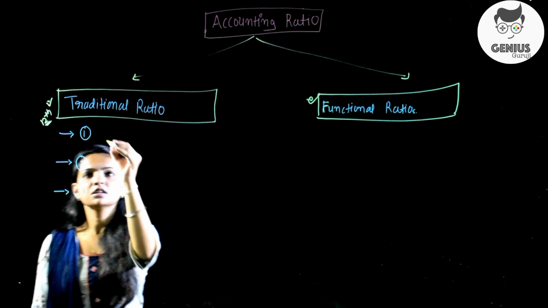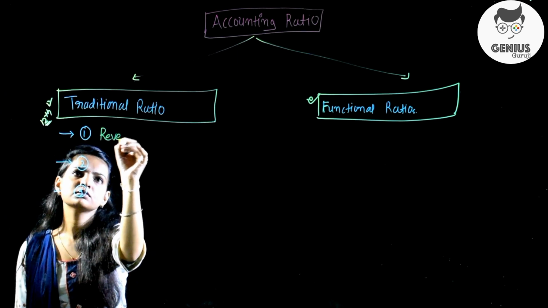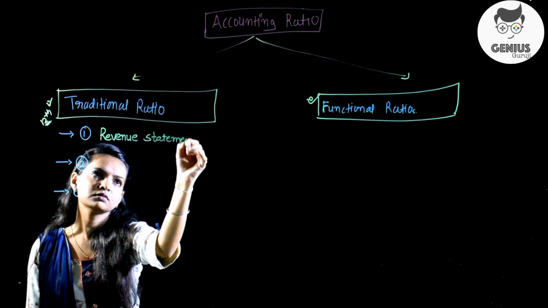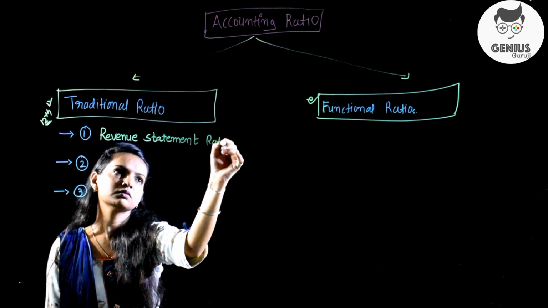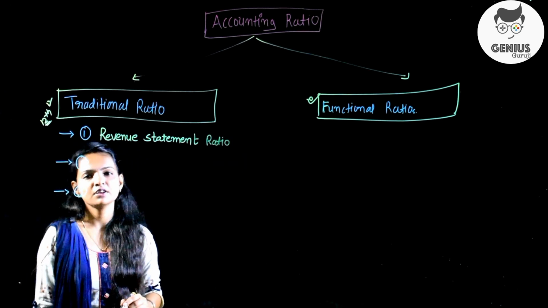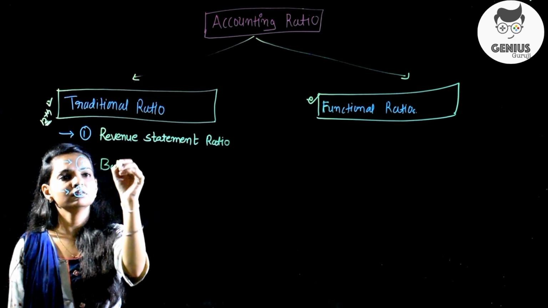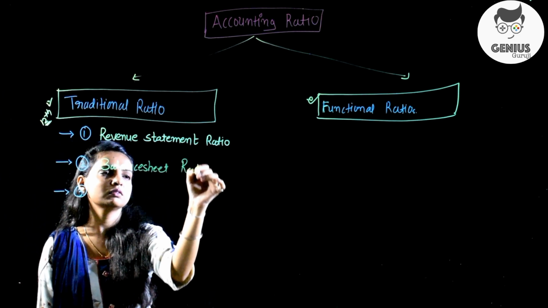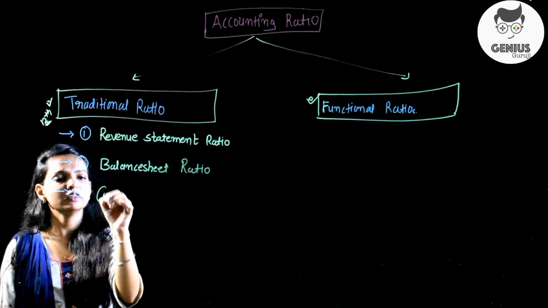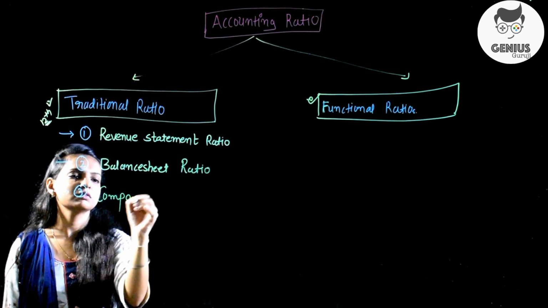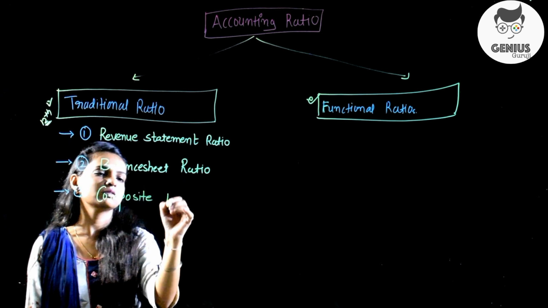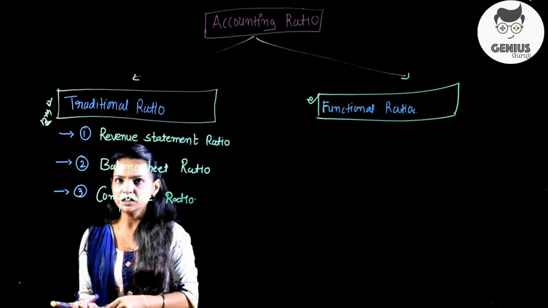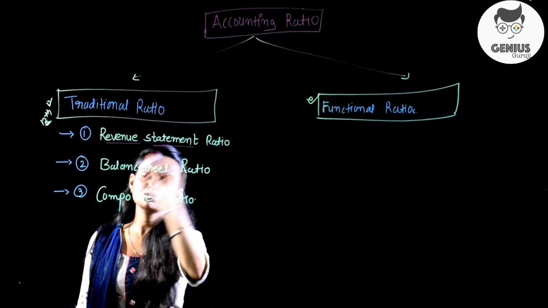The first one is revenue statement ratio. Second one is balance sheet ratio, and third one is composite ratio.